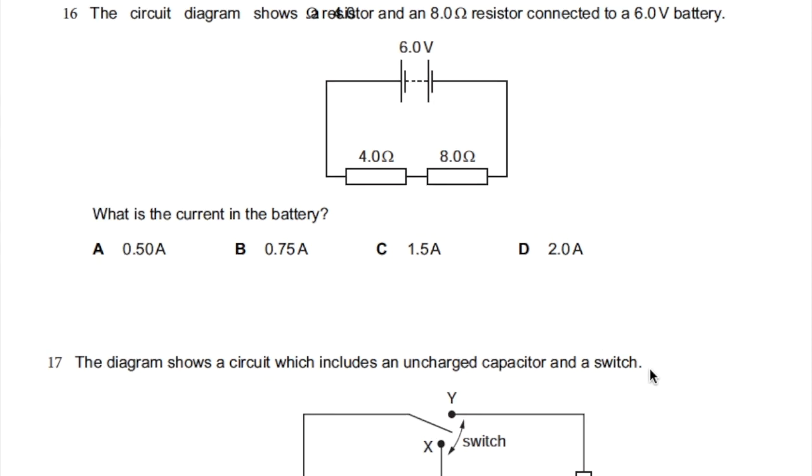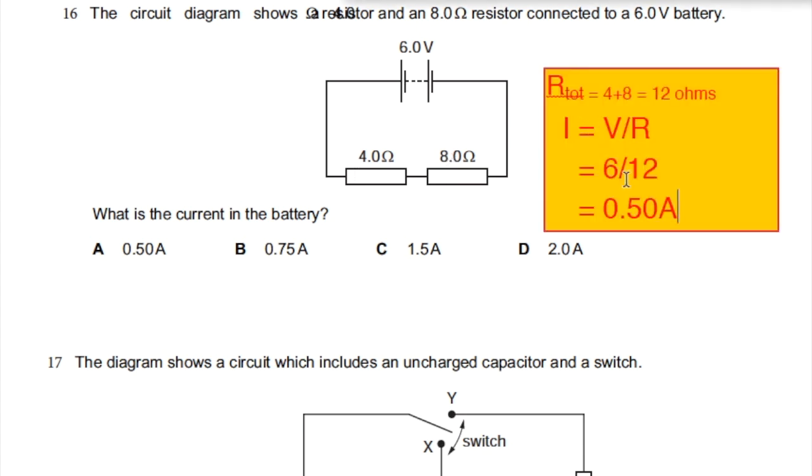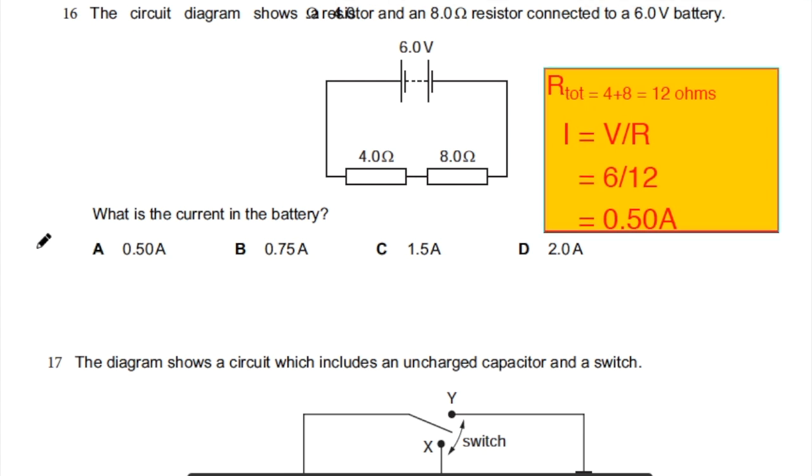Here, these two resistors are connected in series, so you must use the formula for resistors in series, which is R1 plus R2. We just have to add these two to get the total resistance. R total is 12 ohms. So I is equal to V over R, which gives you 0.5. So 0.5 amps is the correct answer.